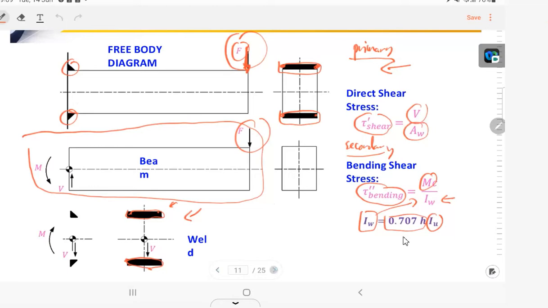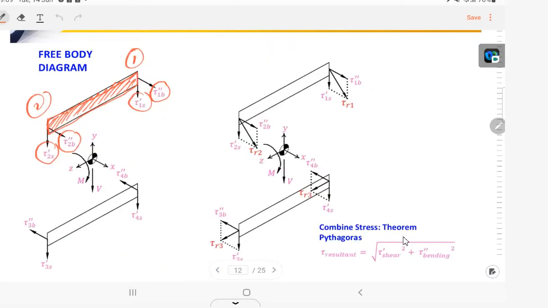So yang ketiga ni end of third location, right? So we identify the direction as well. Okay, the direction of the shear all in the same direction. Direct shear, the primary, semua sama.